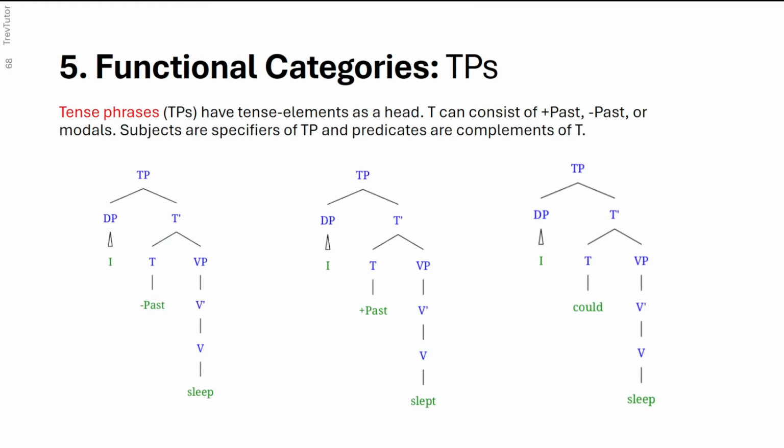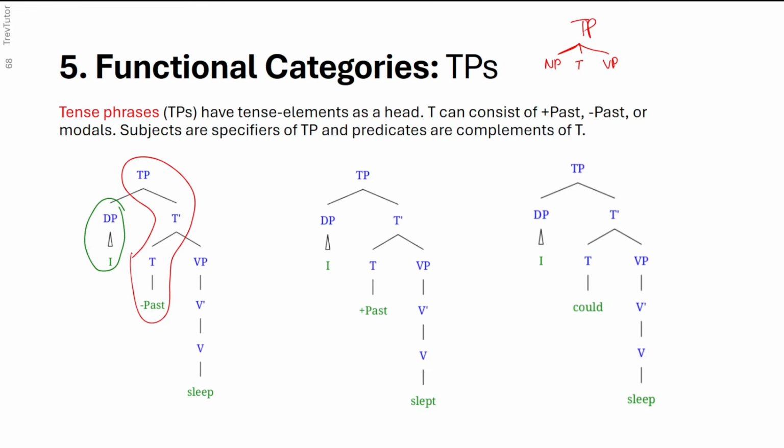We'll also elaborate a little bit more on tense phrases. So you saw a preview of this in the last exercise in this video, but instead of having a three-branching TP where the tense phrase goes to the subject, the tense, which would just be T, and then the predicate, we are instead going to have that bar structure. So tense is going to build up into a T bar, which builds up into a tense phrase.